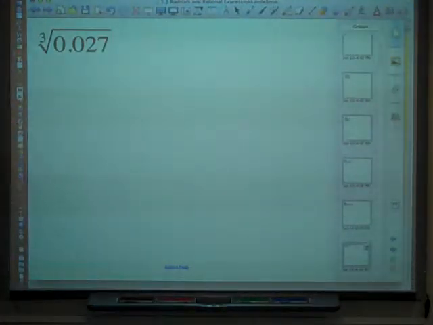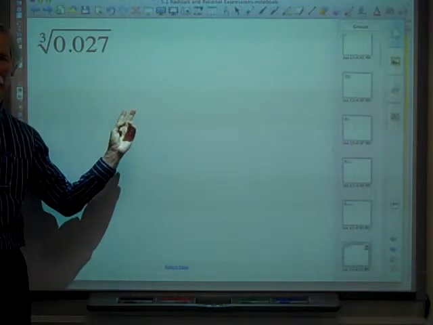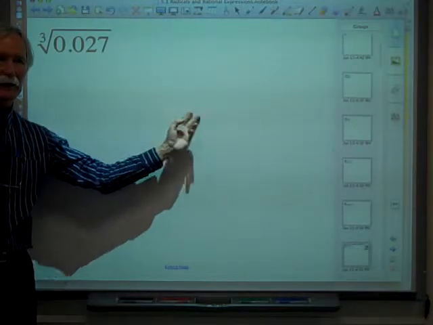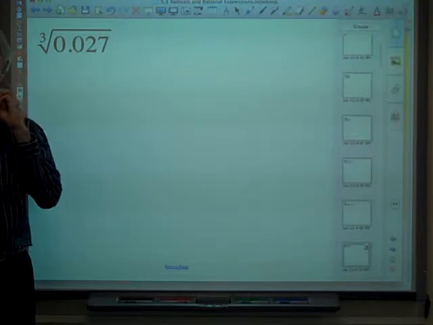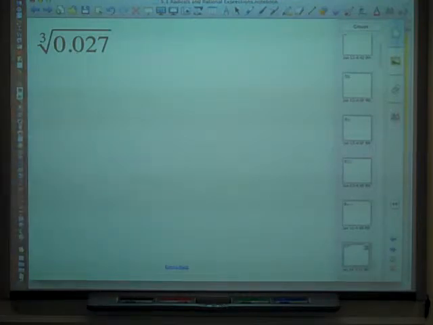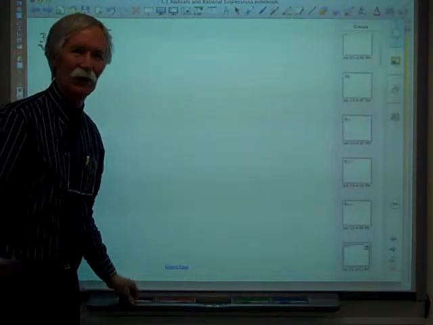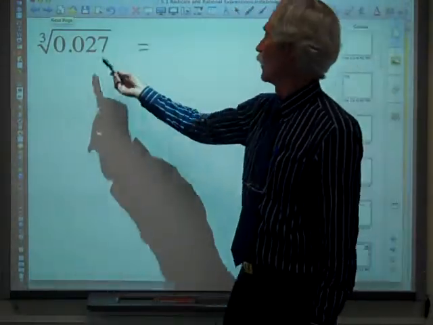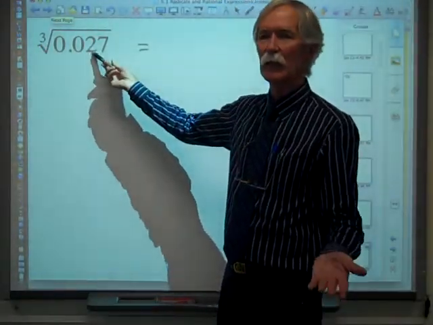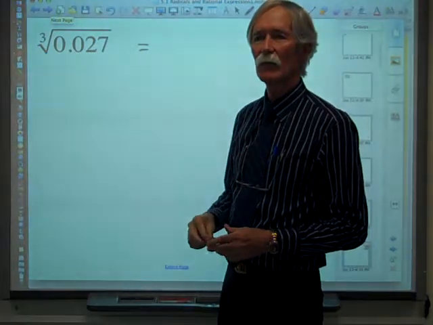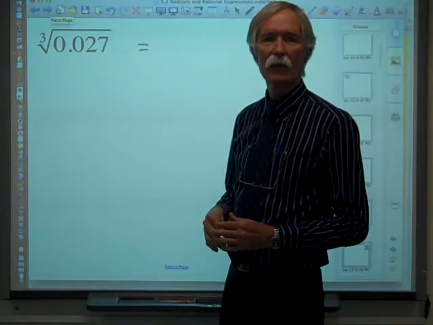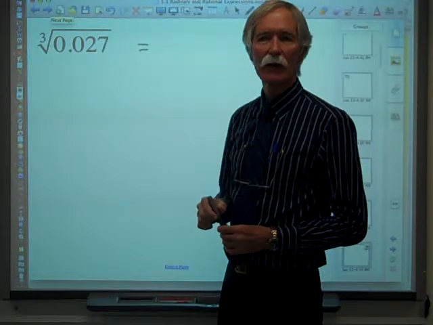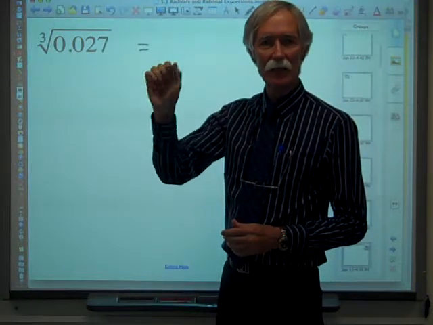Cube root. How many little guys are we going to multiply times itself this time? 3. And how many decimal places do we need? 3. So the original needs 1. If you're not sure, just try something. What is the cube root of 27 anyway? 3 times 3 is 9 times 3 is 27.